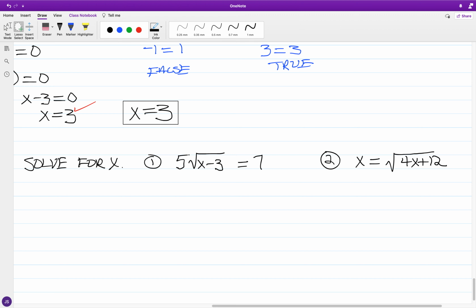And had you divided by 5 from the get-go, the square root of x minus 3 would reduce to positive 7/5. Okay, so there would be a solution in x. And you can divide both sides of the equation by 5. That is one option. Here, what I'm going to do instead is just go ahead and square both sides with the 5 still attached to the square root of x minus 3. So looking at squaring both sides.